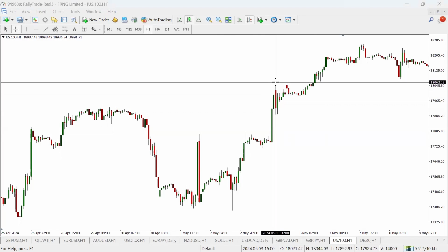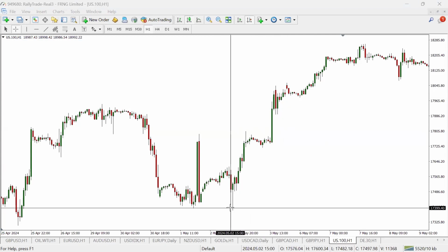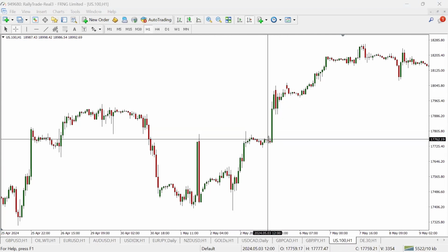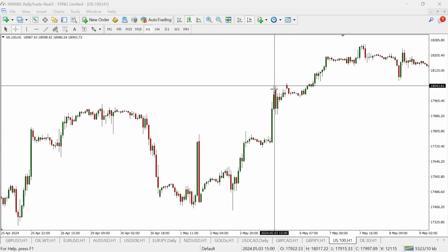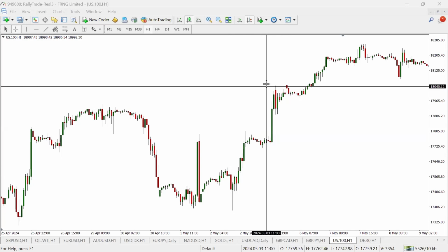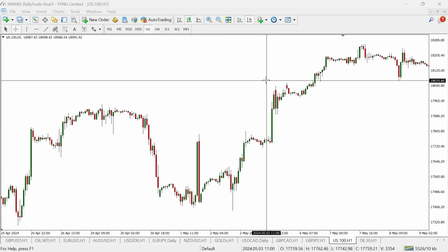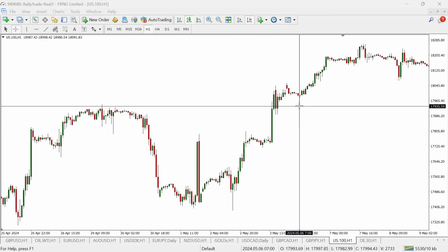Once you've identified the trend, the low, the high, the higher low for an uptrend, and the higher high, the only thing you need to do is put a pending order above the new high and your stop loss somewhere below.